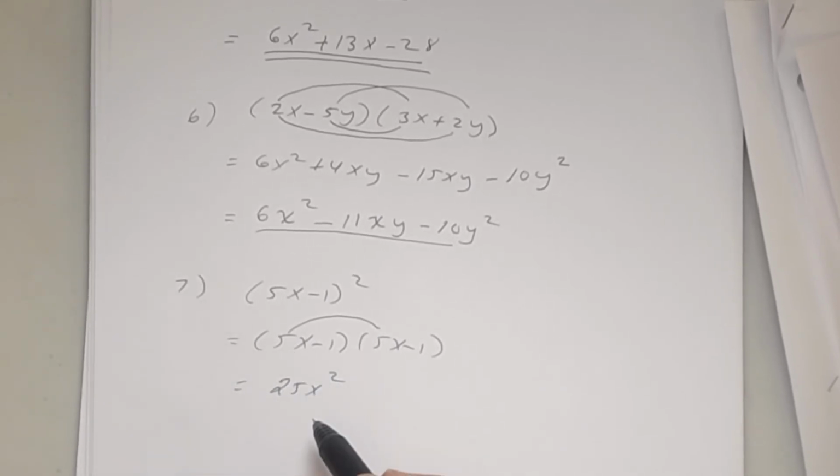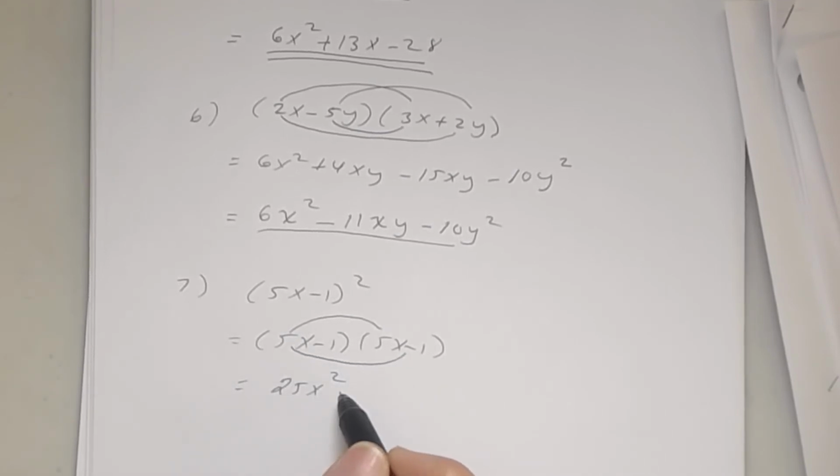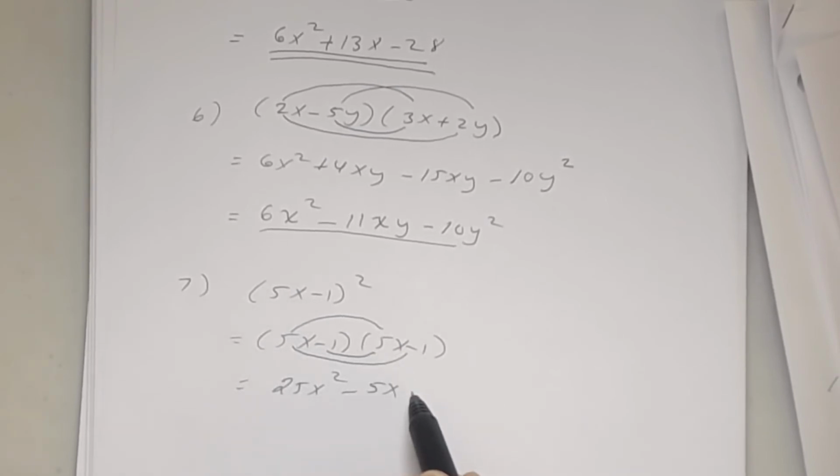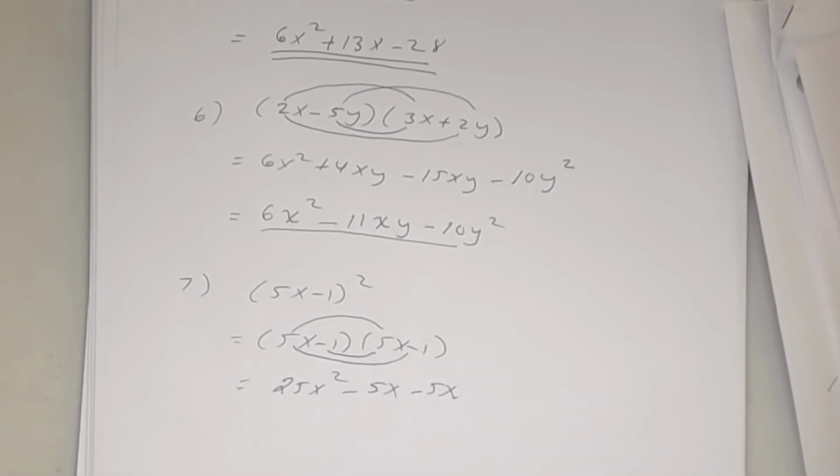What two terms do you multiply to get the outer? What do I get? Okay. What two terms do you multiply to get the inner? So you get negative 5x. Now, just remember like last time, whenever you square a binomial, what do you notice about the outer and the inner? They're the same. All right, and then what two terms do you multiply together to get the last?